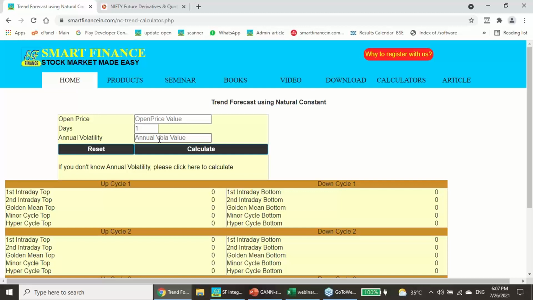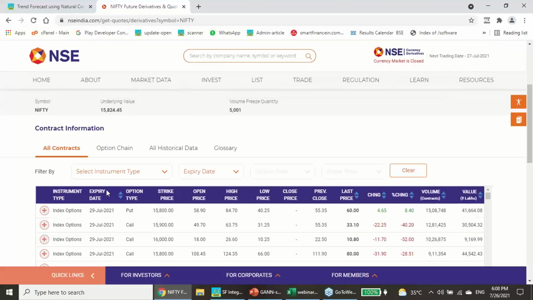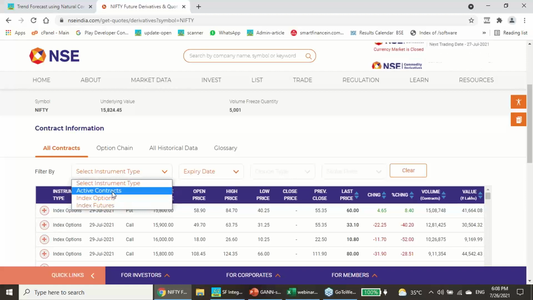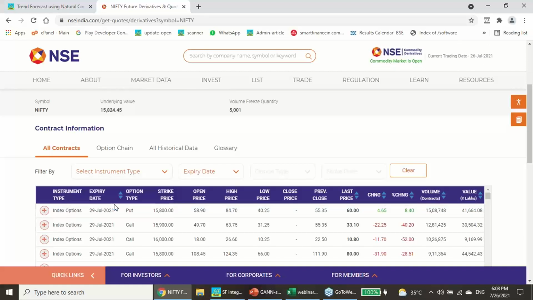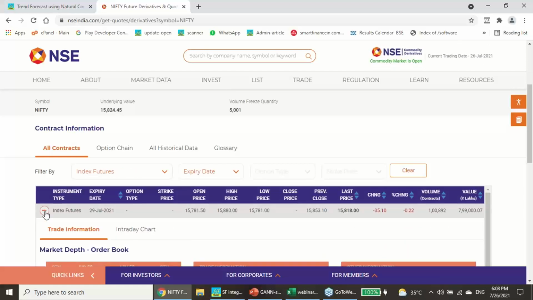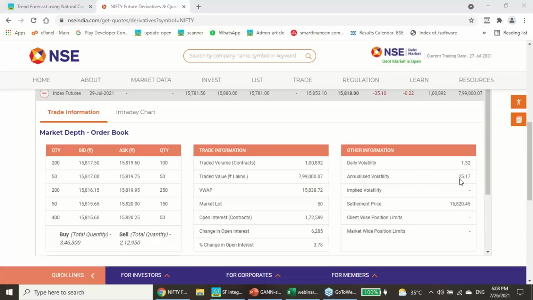There are two ways you can get or calculate the annual volatility. One is ready-made, available on the NSE site. If you visit the NSE site and go to any NSE future contract, say 29 July, you will get an annual volatility of 25.17.